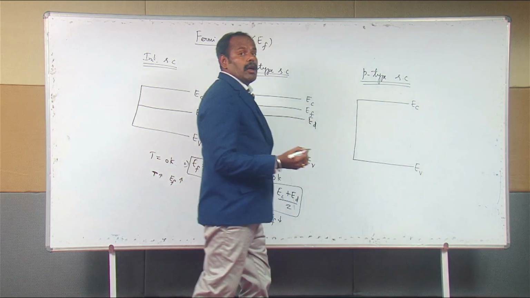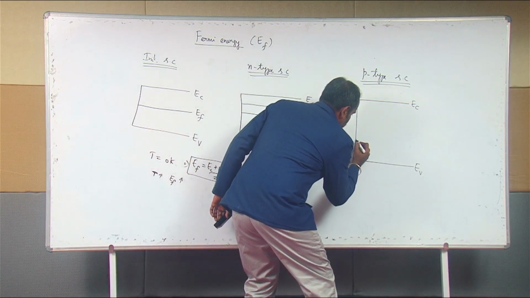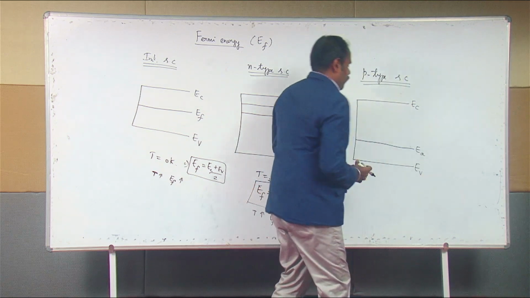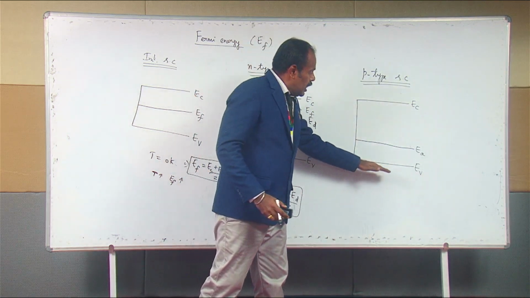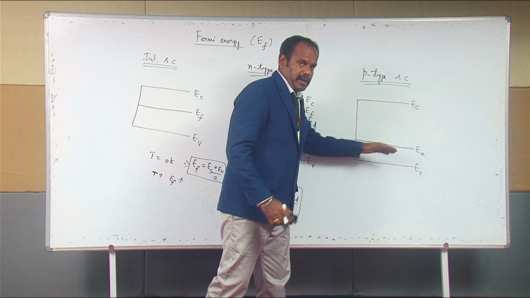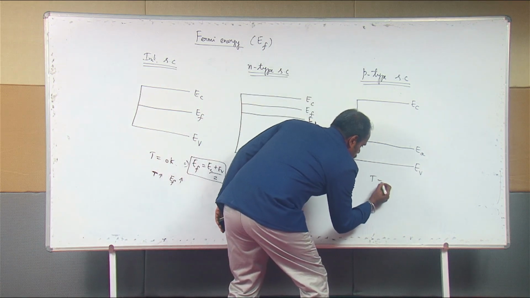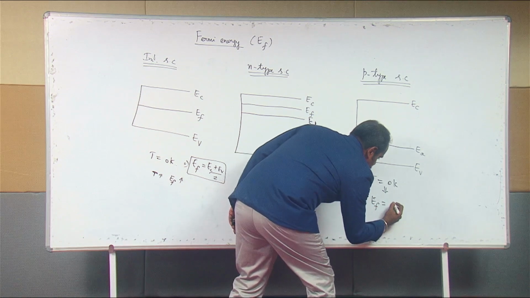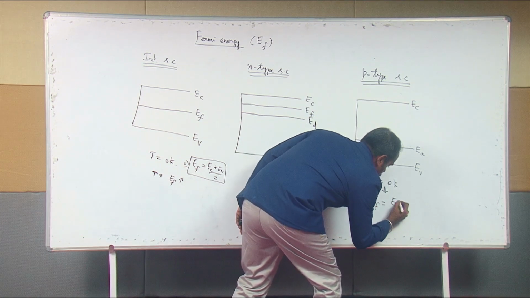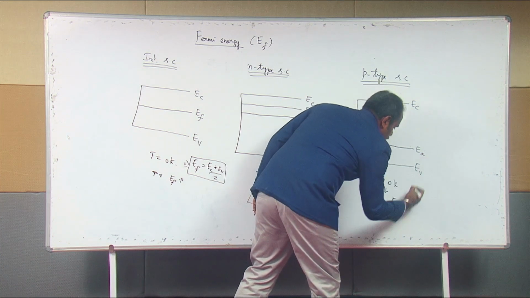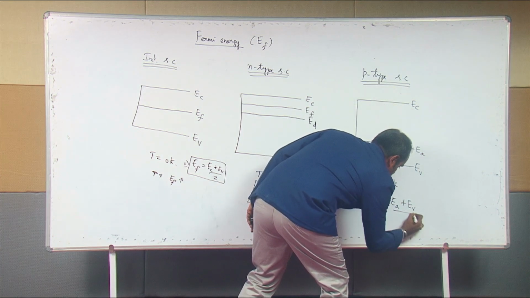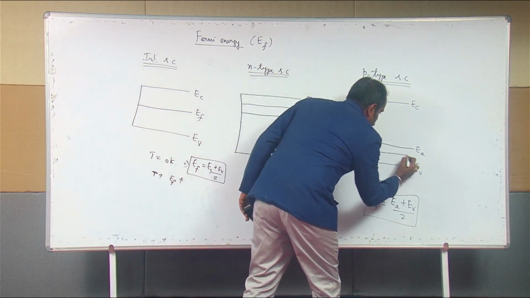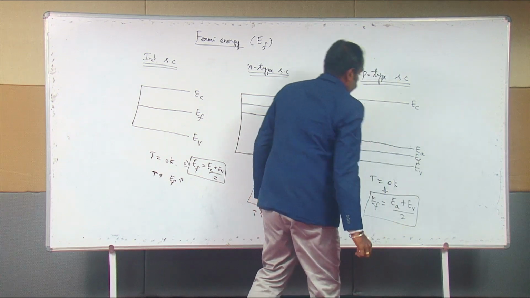Due to the introduction of the trivalent impurity atom, we have the acceptor energy level EA, which lies slightly above the valence band. Now, at T equal to 0 Kelvin, the Fermi energy for the p-type semiconductor will lie at the midpoint between the acceptor energy level and valence band, so EA plus EV by 2, which means the Fermi energy will lie somewhere over here.